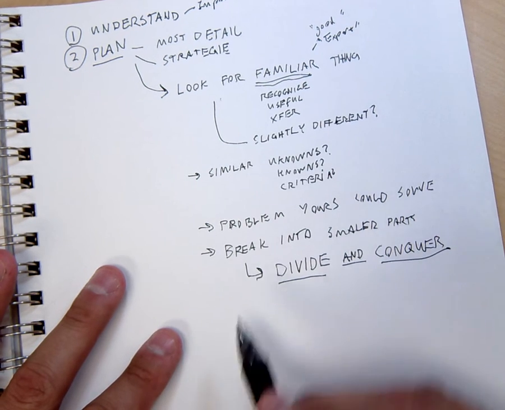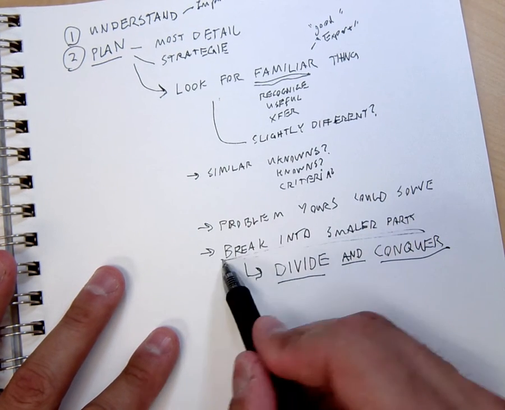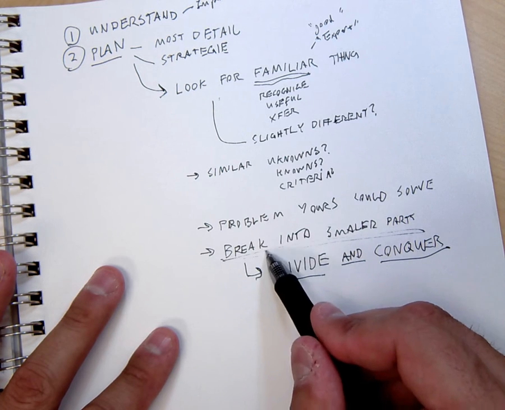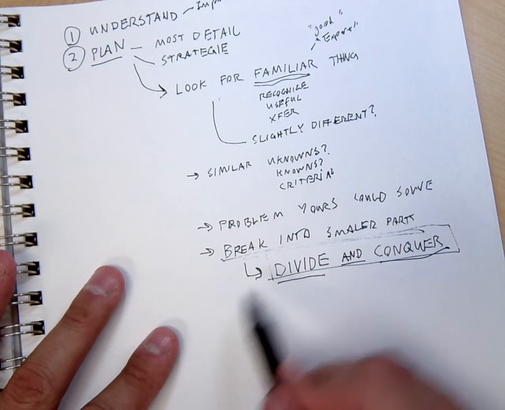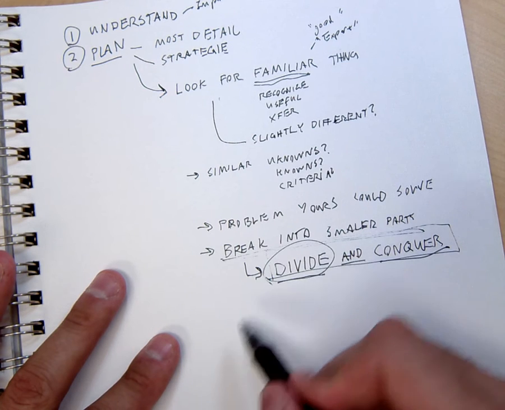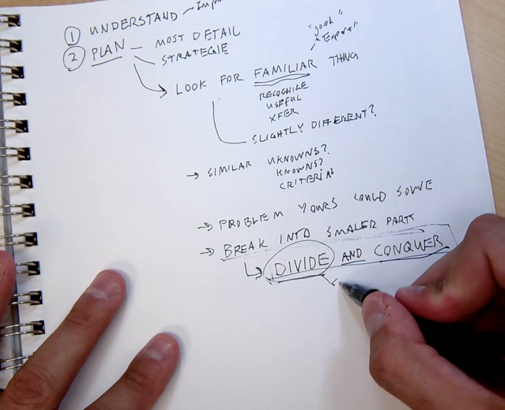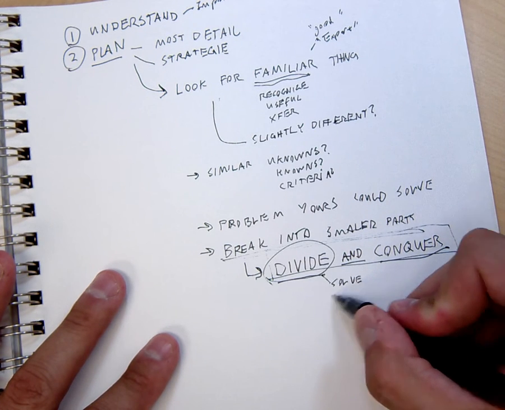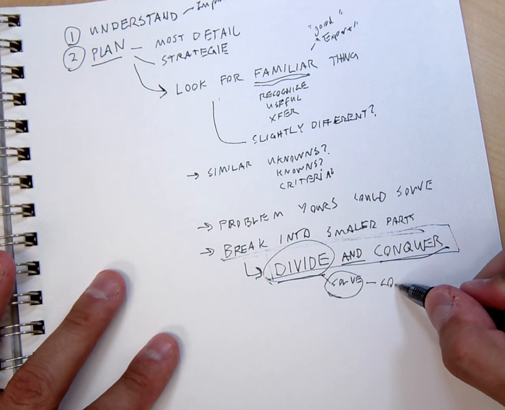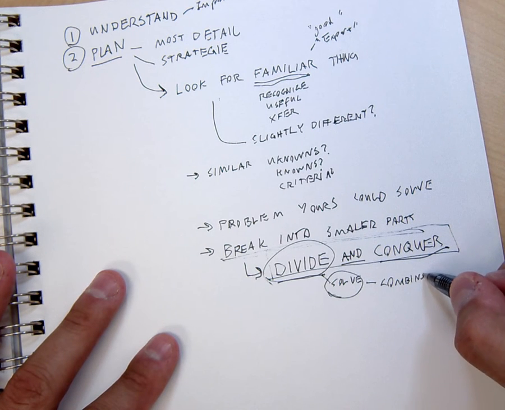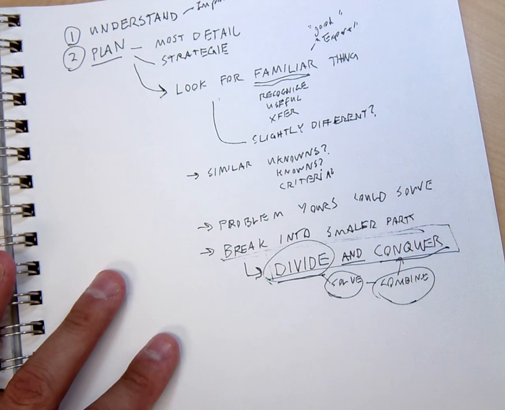If I can break my original problem into smaller parts, maybe those parts are easy to solve. So you divide it into smaller parts, solve those smaller parts, and then somehow combine those solutions, and now you've conquered your original problem.